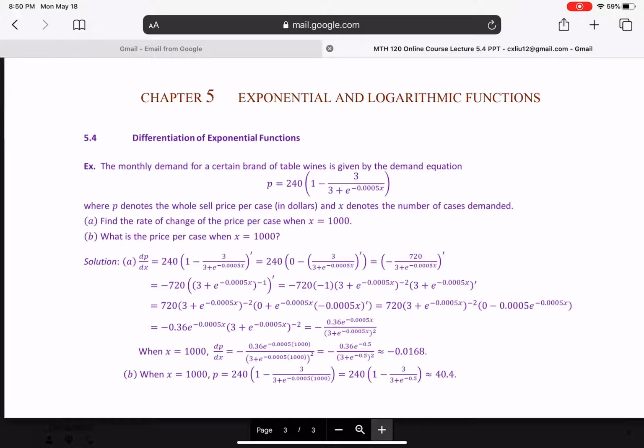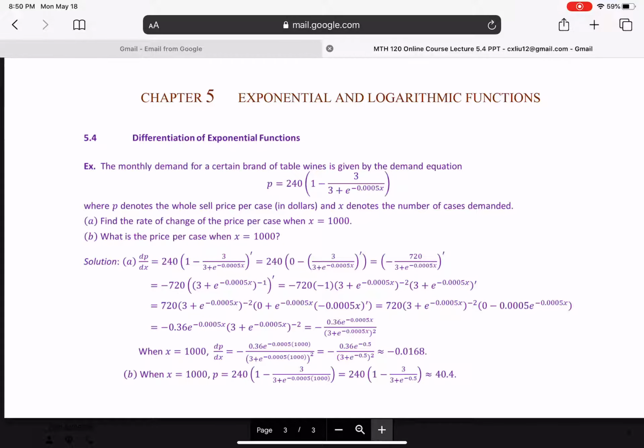And we can do a little simplification to get negative 0.36 e to the negative 0.0005x times (3 plus e to the negative 0.0005x) to the negative 2.